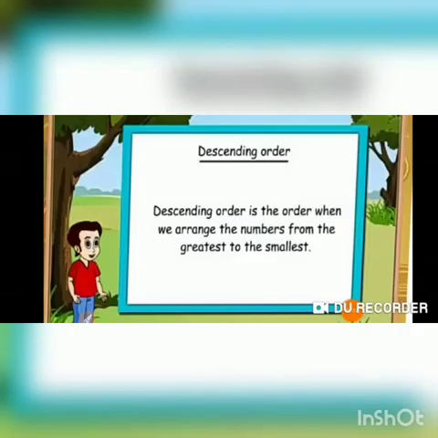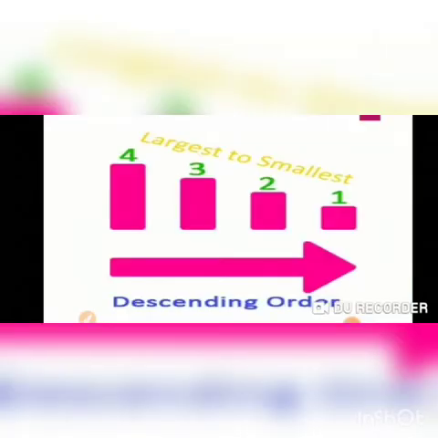Here is a definition of descending order. Descending order is the order when we arrange the numbers from greatest to the smallest. So in descending order, we'll start from the biggest number, finding the next smaller till we get the smallest number.